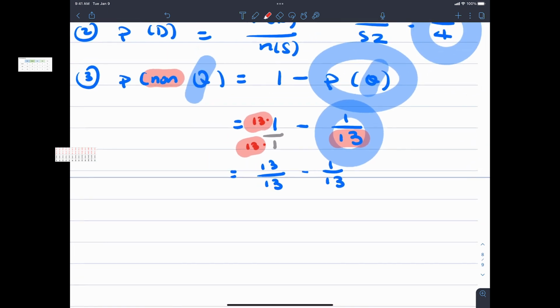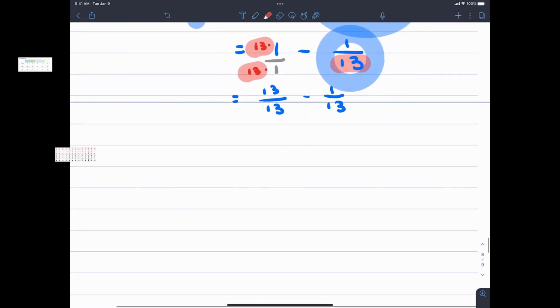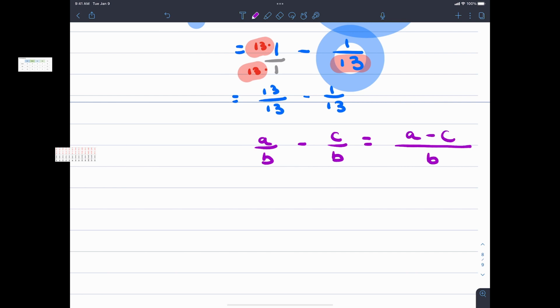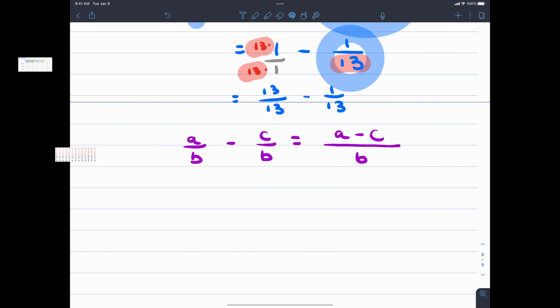Now you can actually do what? Now you can subtract fractions. Why do I know that? Do you guys remember? I'm going to put A over B minus C over B. These are now like fractions. They have the same denominator. You keep the denominator and you subtract the numerators here, okay? This is the arithmetic you use.